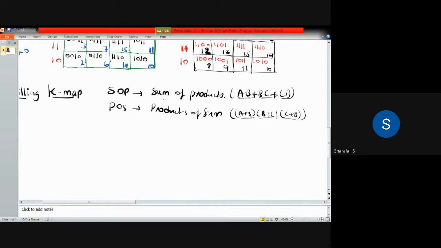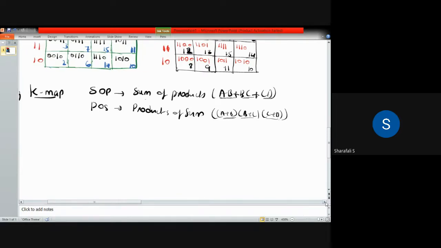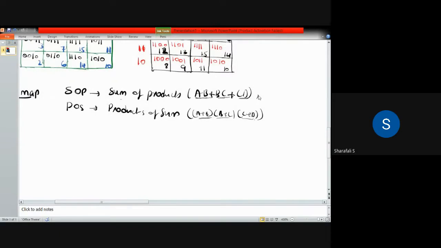So these are the different scenarios. And in SOP, you have to remember, a 0 means A bar and 1 means A. So if you are having a variable A, in SOP, A means 1 and A bar means 0.